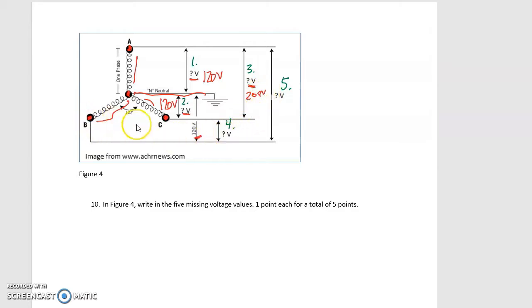Likewise, between this point and this point, which is this voltage here, 208 volts. And then the voltage between this point here and this point here, that's this voltage, 208 volts.